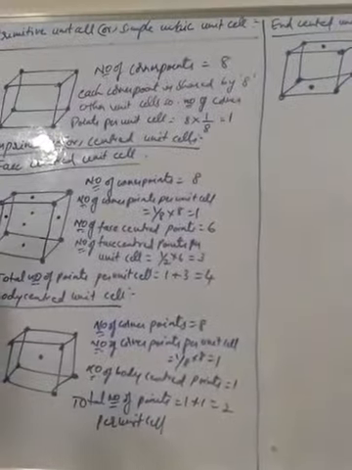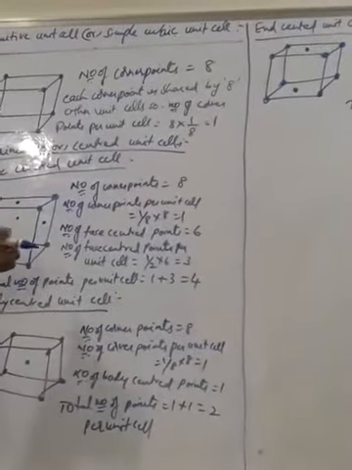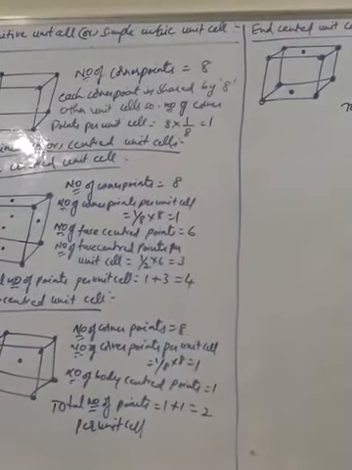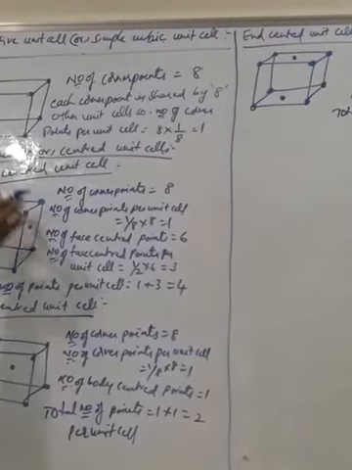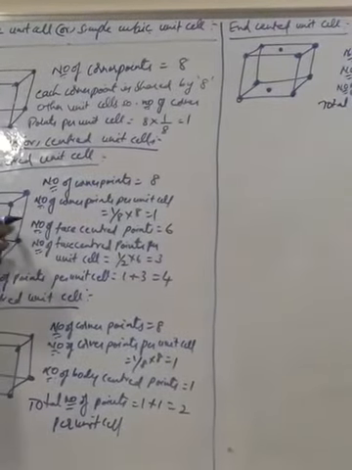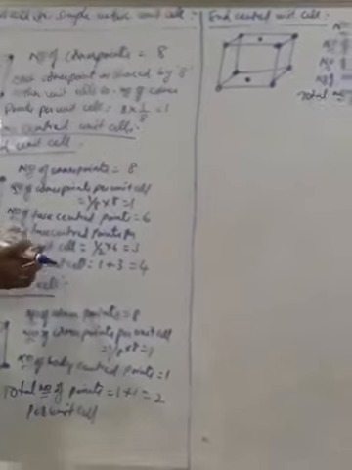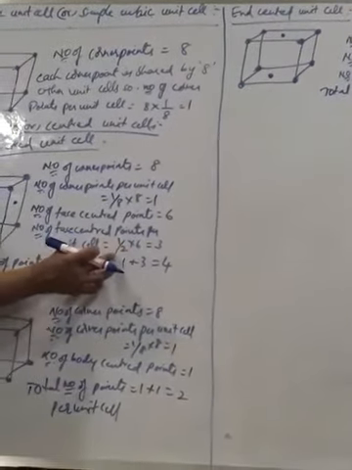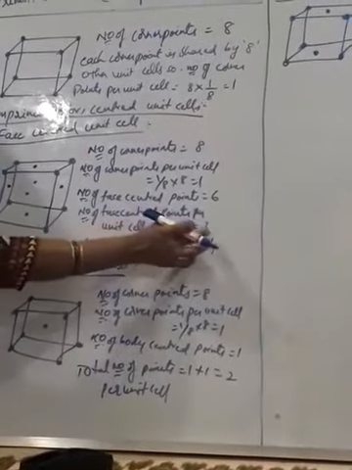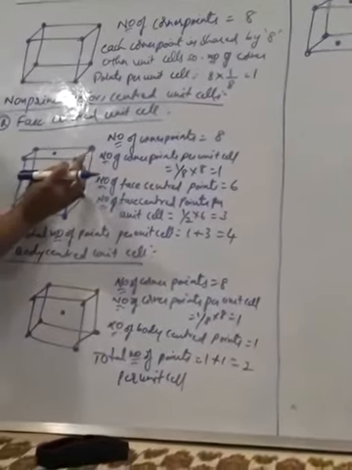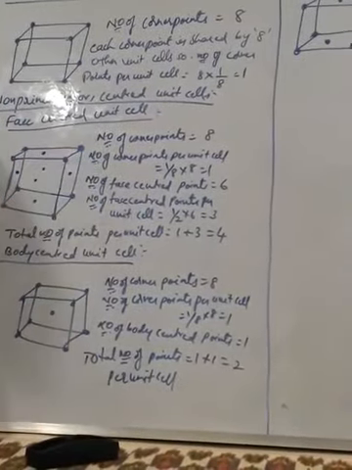That's why only half of the face centered point belongs to a particular unit cell. So totally 6 face centered points are there, and each point gets shared by 2 unit cells. That's why 6 into half is equal to 3. So only 3 face centered points belong to a particular unit cell.